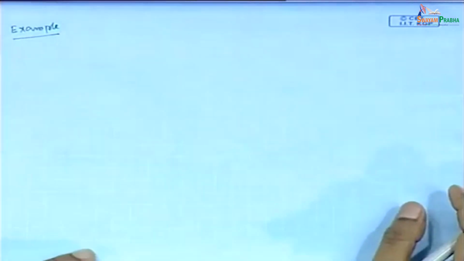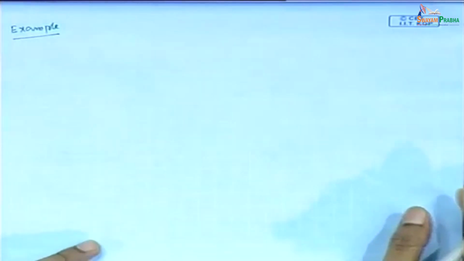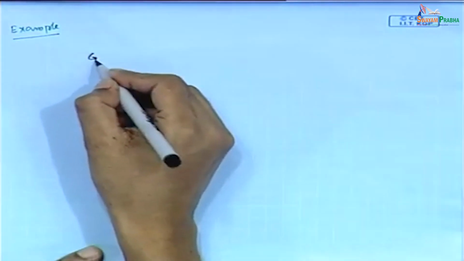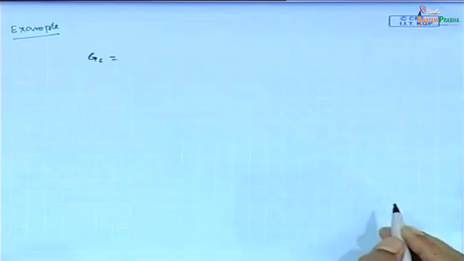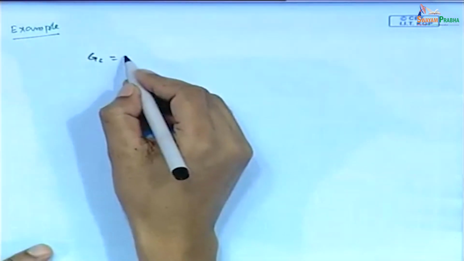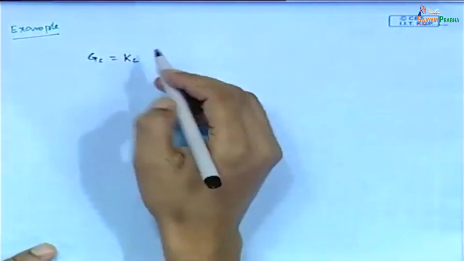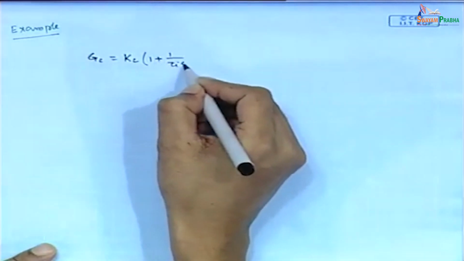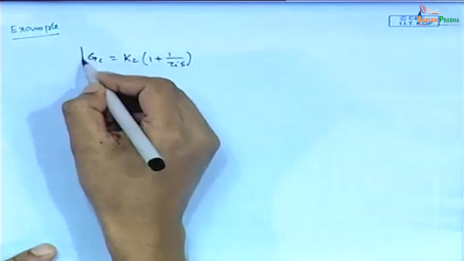So, in this example, first we will consider one closed loop block diagram, and we consider a PI controller which has the transfer function Gc equals Kc times 1 plus 1 divided by tau I s.